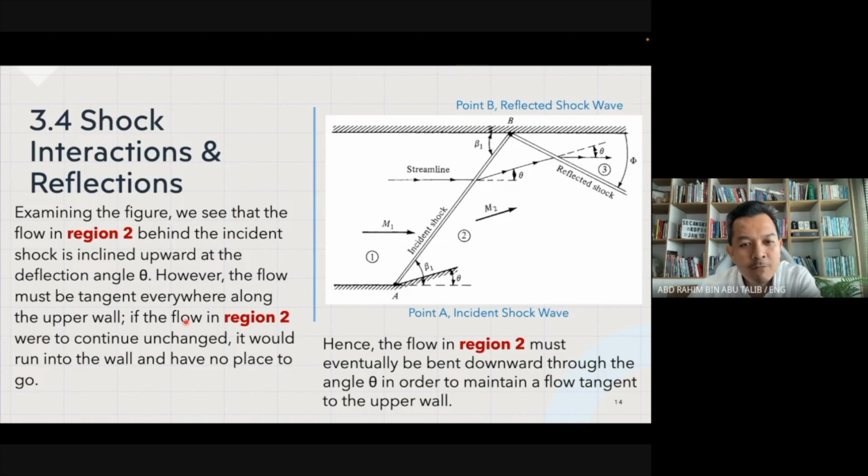If the flow in region 2 were to continue unchanged, it would run into the wall and have no place to go. Hence, the flow in region 2 must eventually be bent downward, because when it reaches point B, it will be reflected and bent downward through the angle theta, in order to maintain a flow tangent to the upper wall.